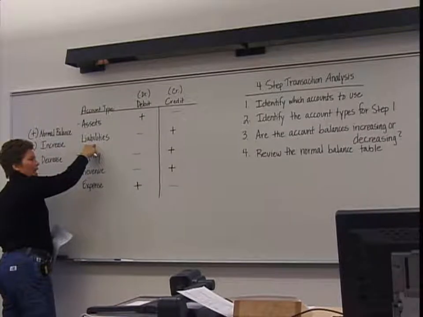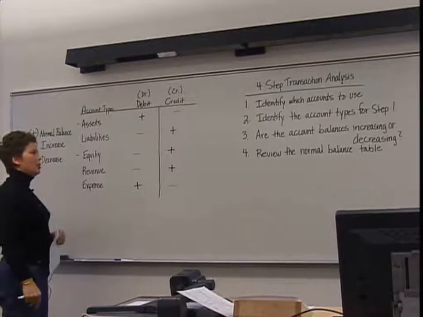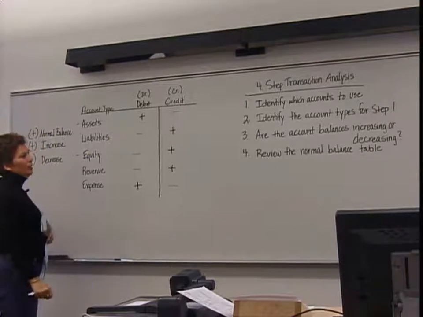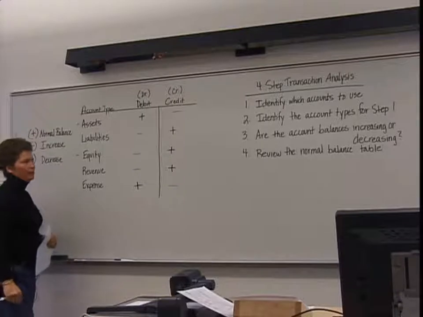So we're going to have an increase of a liability of $15,000. And we're going to use what's called notes payable. Notes payable is an account that we use if we have a liability that's going to take longer than a year to pay off. If it was less than a year, we would use accounts payable.